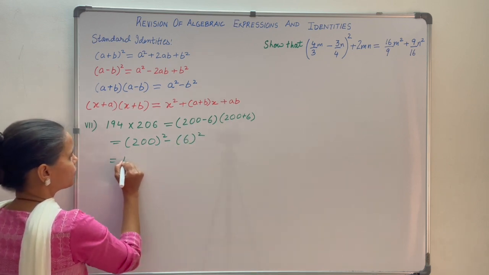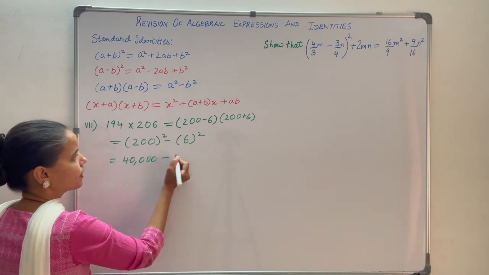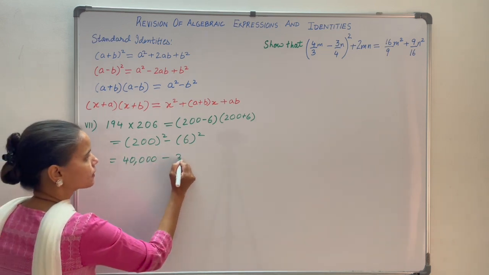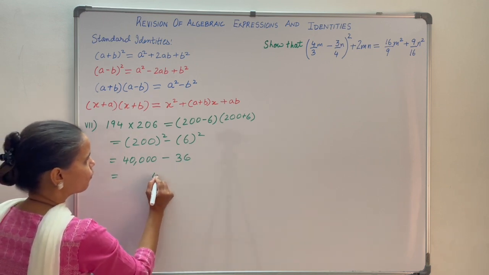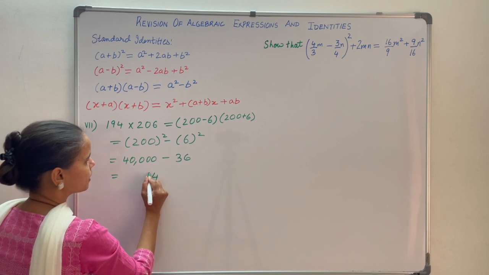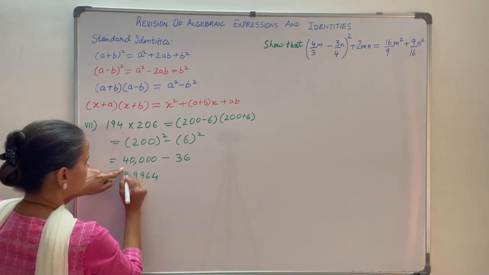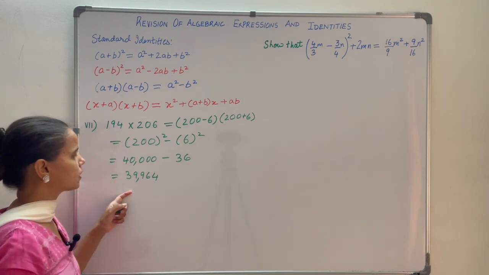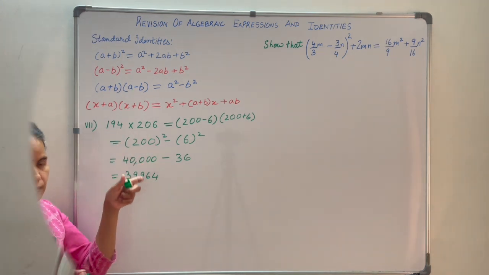So 200 square is 40,000 minus square of 6 is 36. 39,964 is the answer of this product.